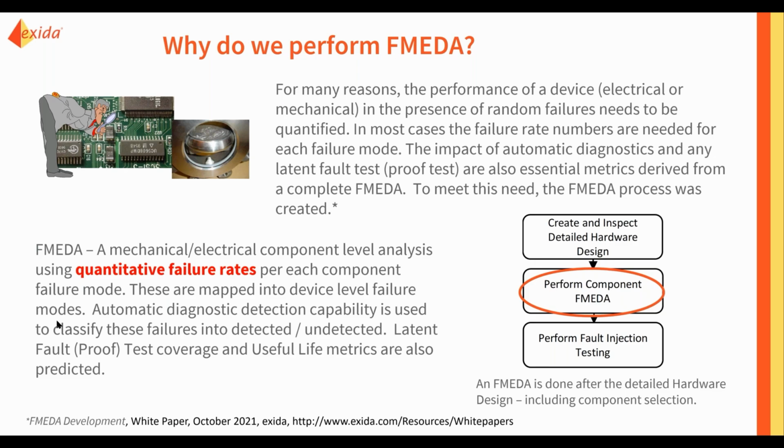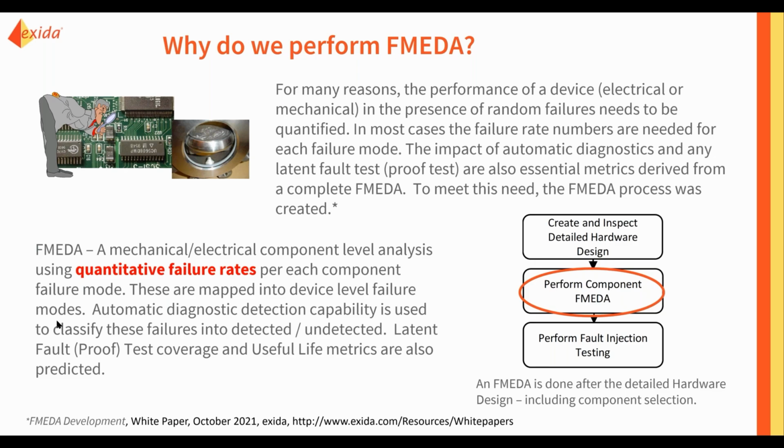Automatic diagnostic detection capability is one of the most advantageous methods for achieving functional safety. Automatic diagnostic capability is used to classify these different failure modes into those that are detected and undetected.